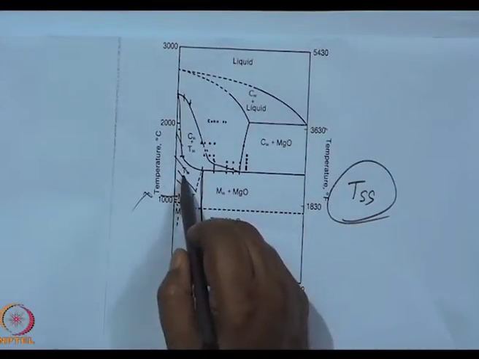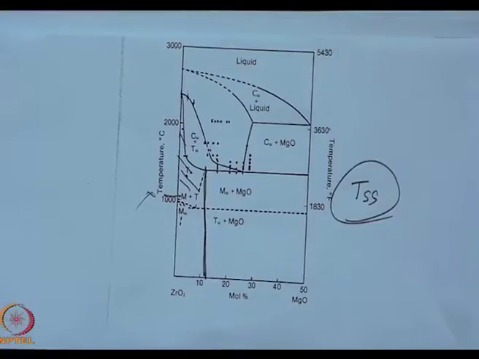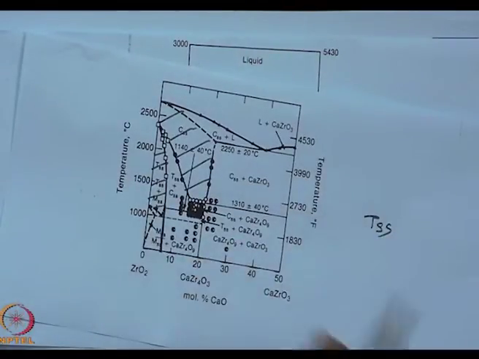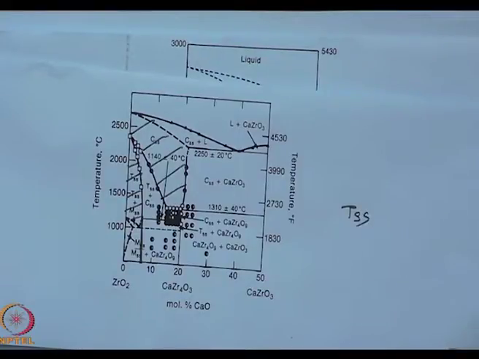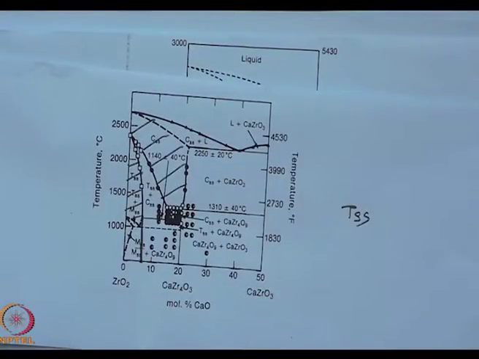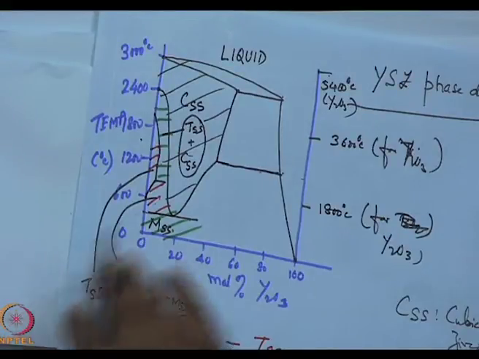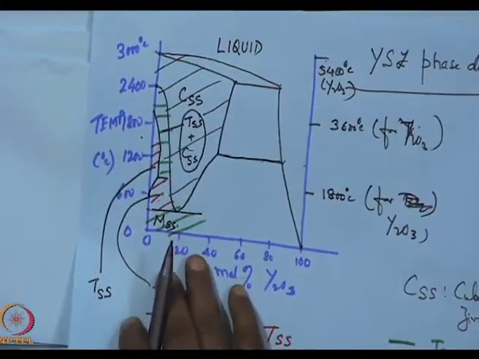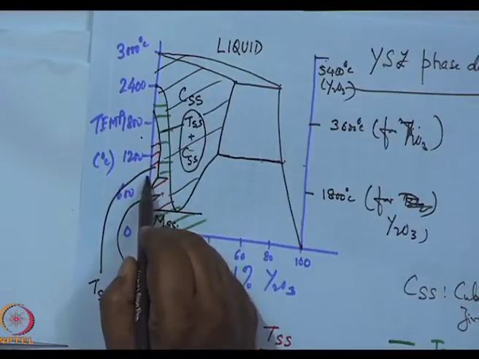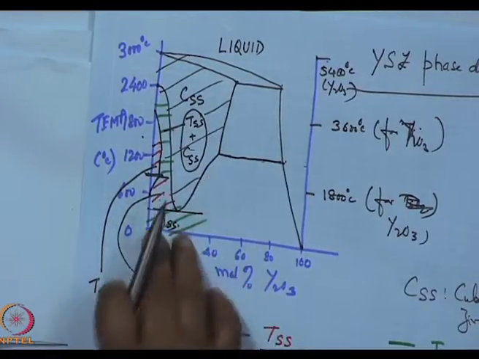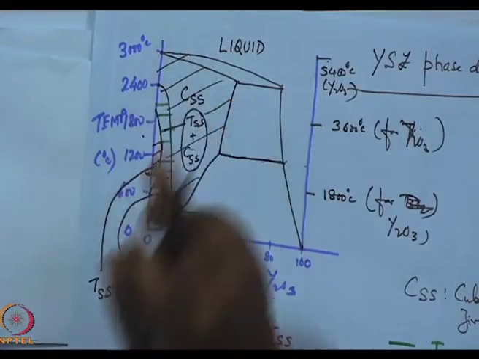The other part is, in each of these cases, whether it was magnesia stabilized or calcium stabilized or yttria stabilized, the tetragonal phase is stable above a certain temperature. In yttria, it is up to about 900. That is, above 900, it is a tetragonal phase which is stable when I am using yttria stabilized zirconia.